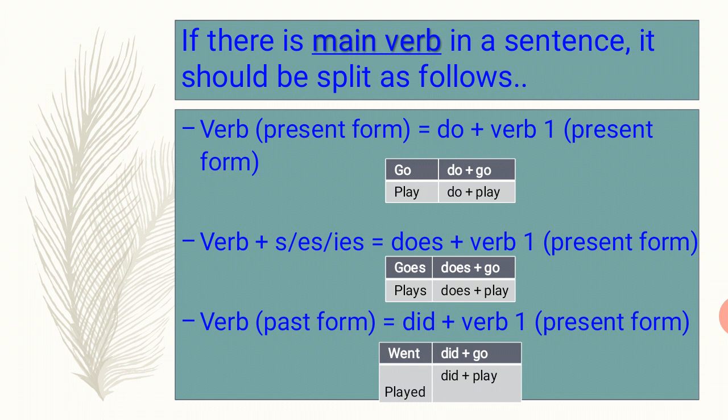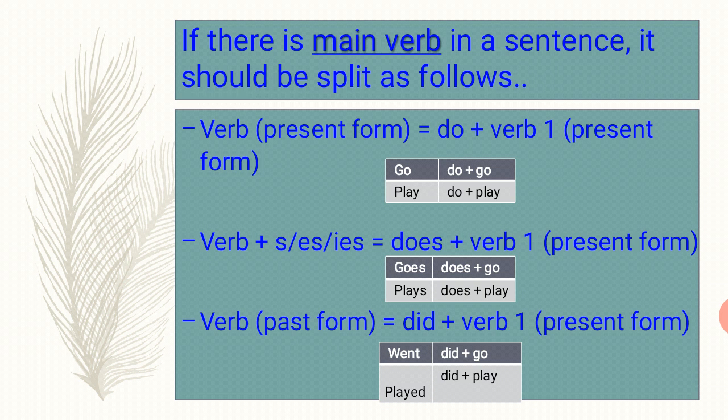And for the past form of the verb: did plus verb 1. Whatever verb we study or write in a sentence, we write the verb with do, does, or did only, and we should write only the base form of the verb.